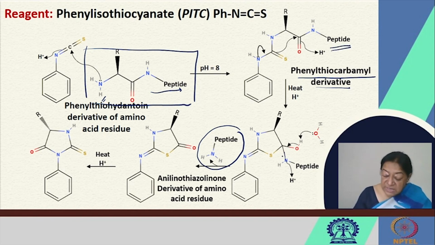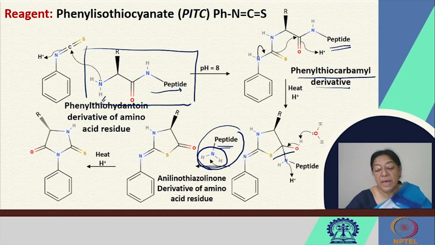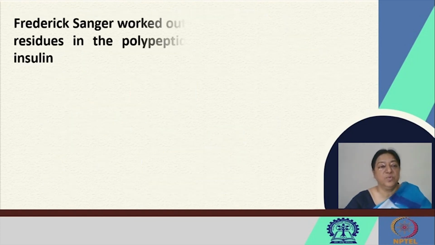However, this is then hydrolyzed, where the peptide containing part with the new amino terminal is cleaved off, and we have the derivative of the amino acid residue that was the first one in the sequence. This cycle can go on and we can get the N terminal, or amino acid number 1, then 2, then 3, and so on and so forth.